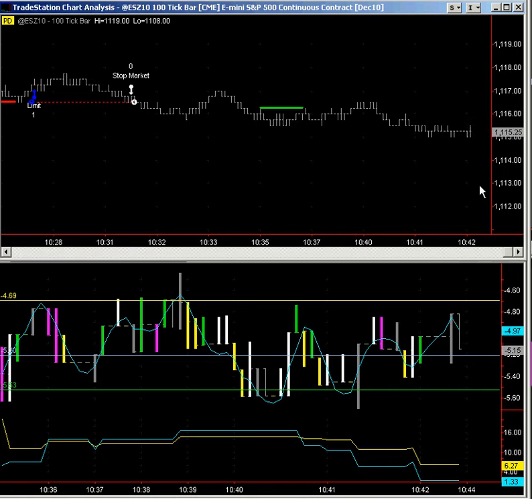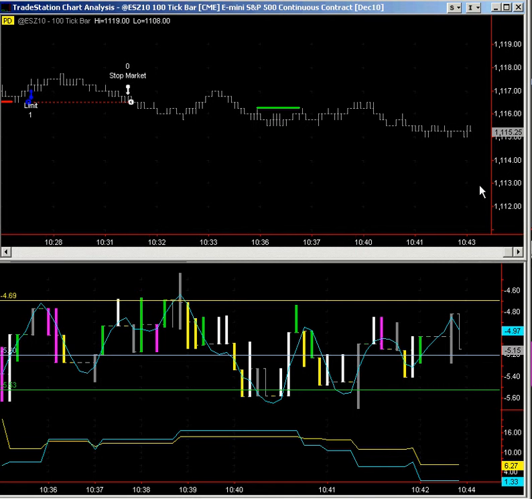I want to see us... There's two ways to do this. We can do it with or without a setup bar. I prefer to have a setup bar. And we don't have it just yet.